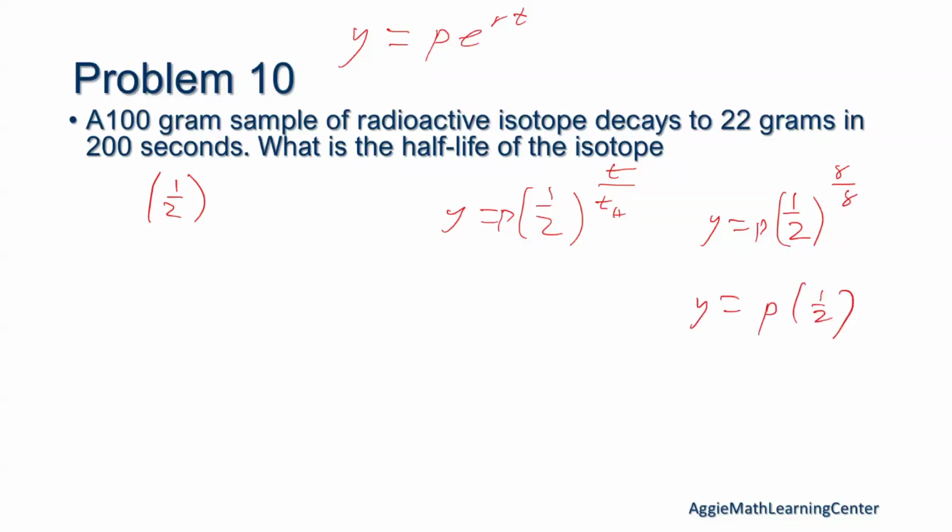So in 8 seconds, half of what you originally had is going to be left. With this knowledge, we know that your principal, your starting amount, is 100, times 1/2 to the t over t sub h, your half-life.